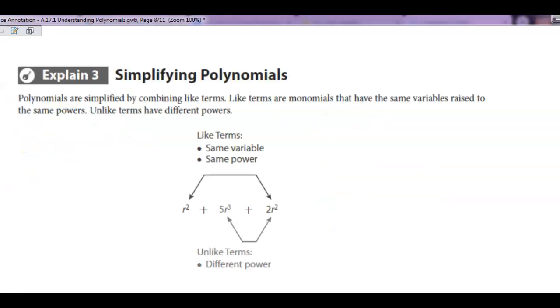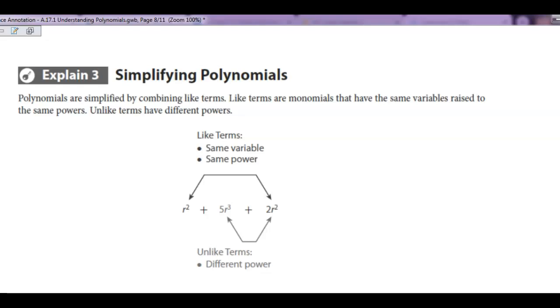We can simplify polynomials because we can combine those like terms. And like terms are monomials that have the same variables raised to the same powers. The unlike ones will have different powers. So when I do these, I always look to see if I have variables with the same power, or if I have just constants, and then I can combine what I see.